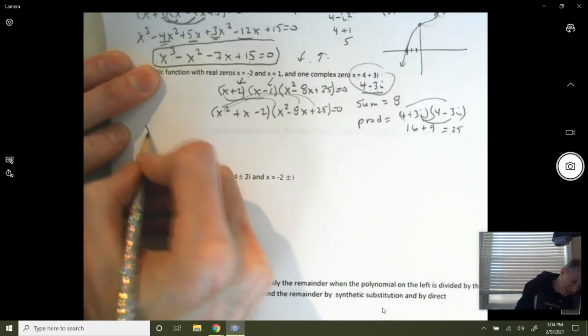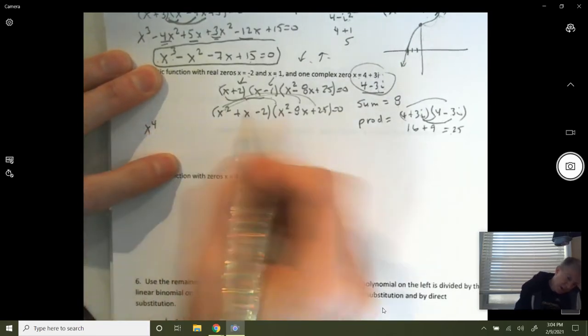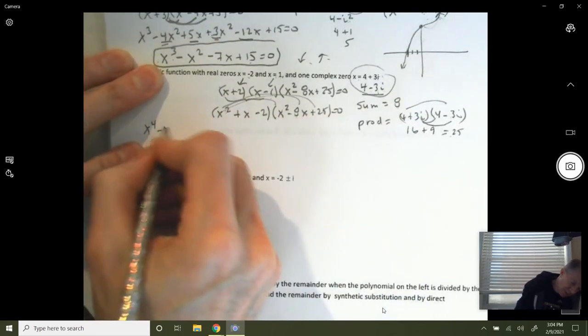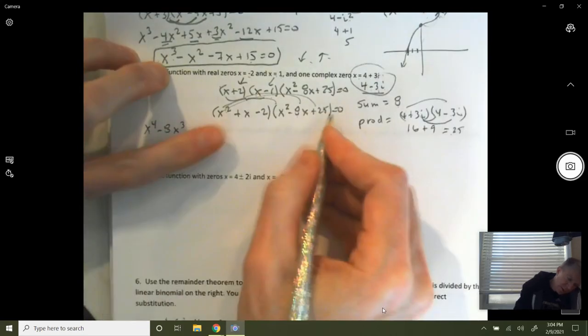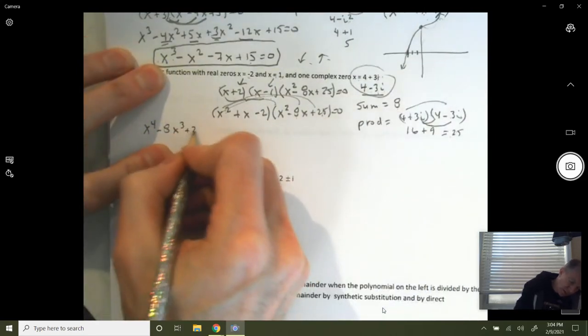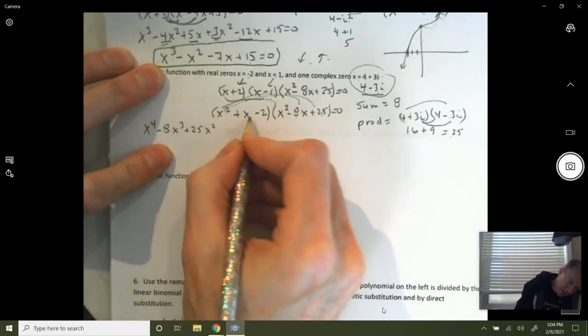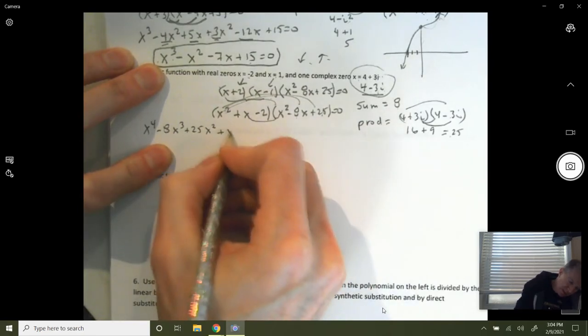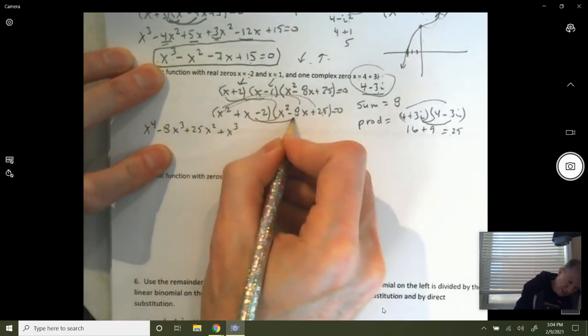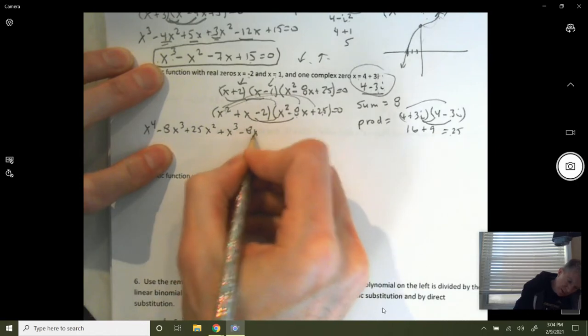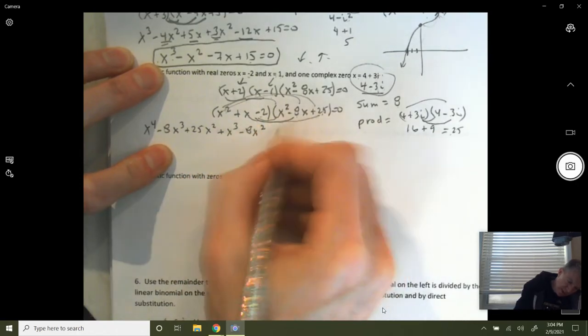That gives us x to the 4th minus 8x cubed plus 25x squared. And x times the trinomial gives x cubed minus 8x squared plus 25x.